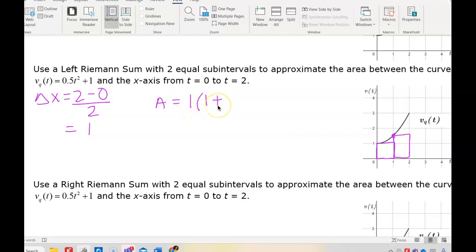The first one has a height of 1. The second one has a height of 1.5. Because you plug 1 into that function and you get 1.5. So now I get the area as 2.5, so it's bigger, but is that a good approximation yet? Not really.